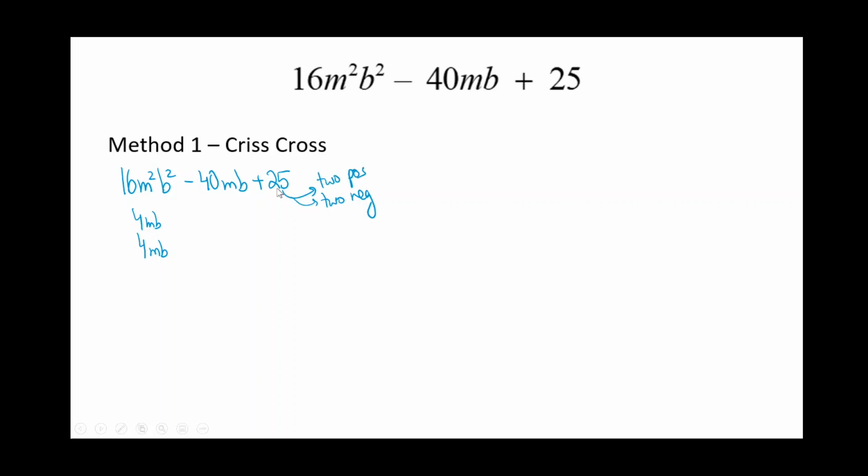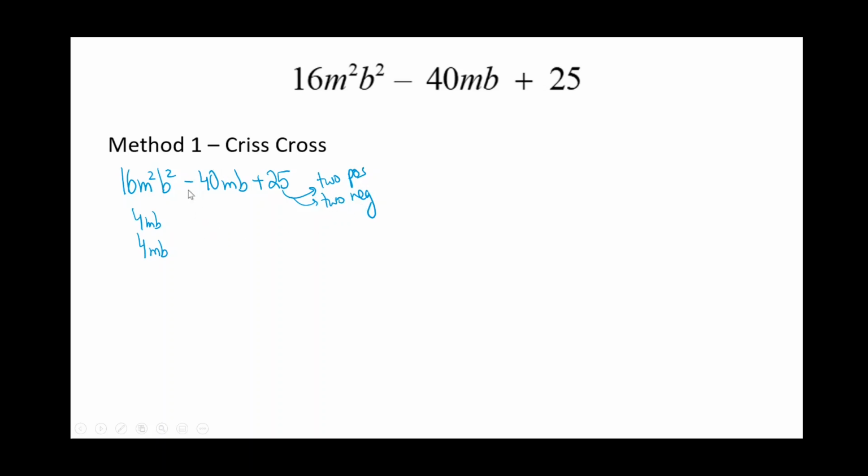Then we have 25. The last term is positive. I always look at the last term to decide what signs I need to use in my factors. I prefer not to touch my first term with the signs because I want the first term in every factor to be always positive. So 25 is a positive number, so we can have a combination of two positives or two negatives.